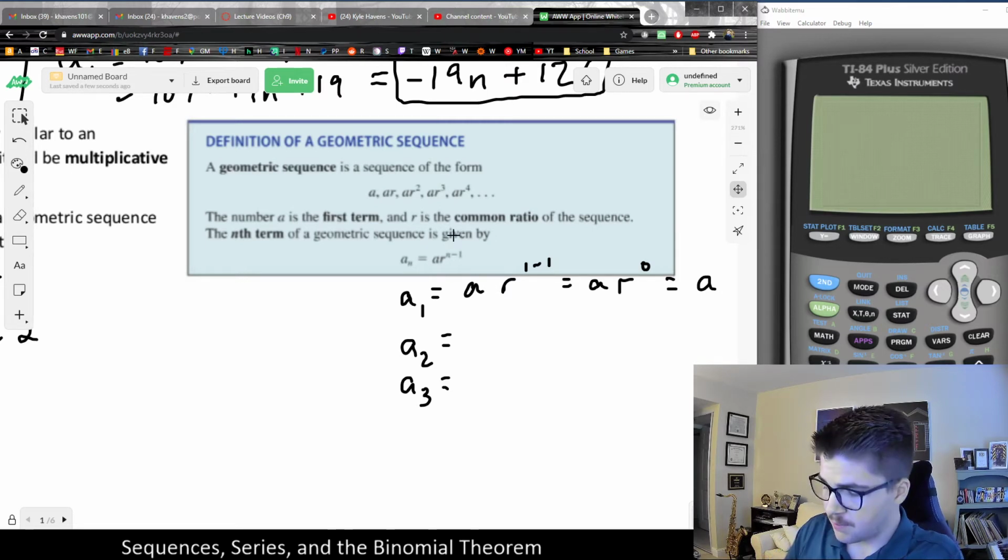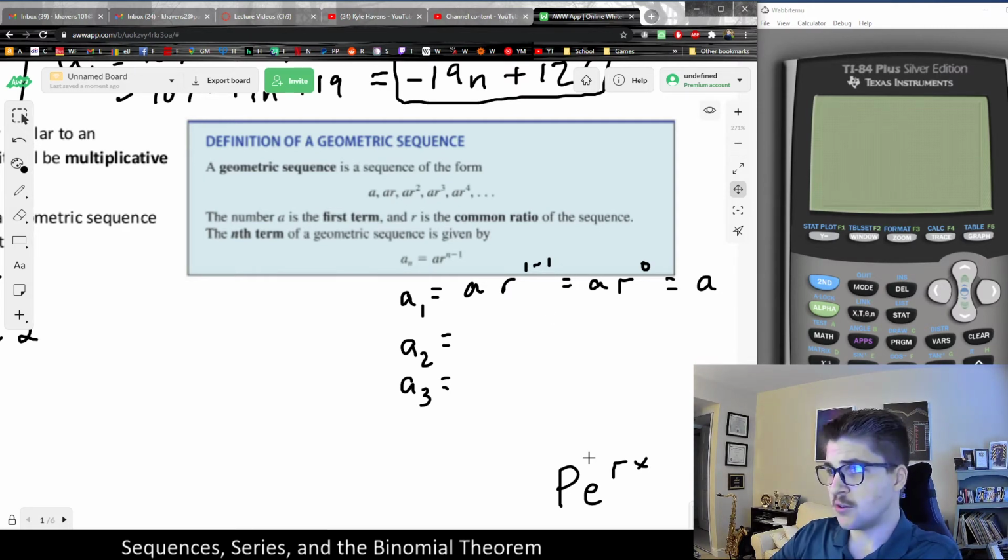And if you remember back to when we talked about exponential functions like P e to the rx power, the general growth formula, kind of like mx plus b for a line, the P is the starting value, the principal value of an exponential growth, which notice in this formula is out front. A is the first term. This should make sense. And the base of this growth function is always r, the common ratio, because that's always what we're multiplying by to get the growth.